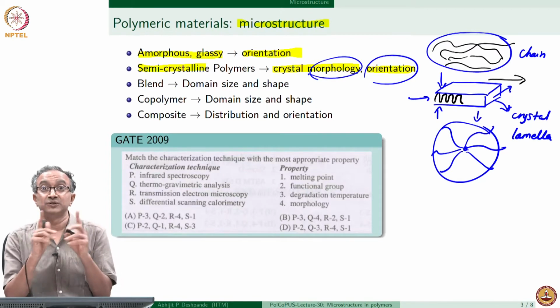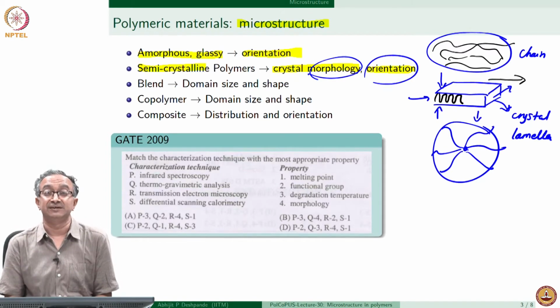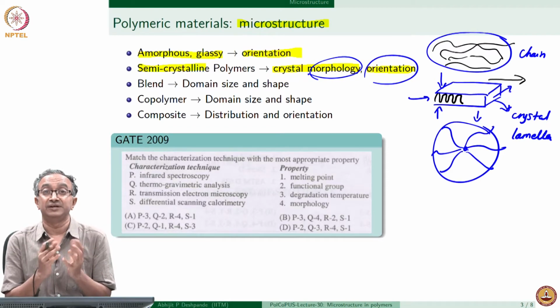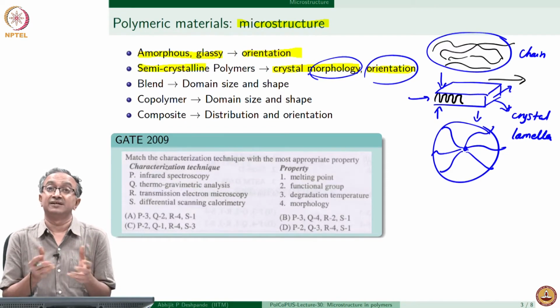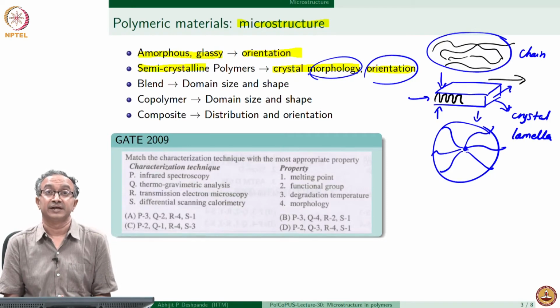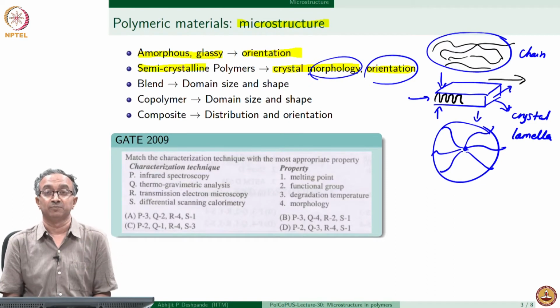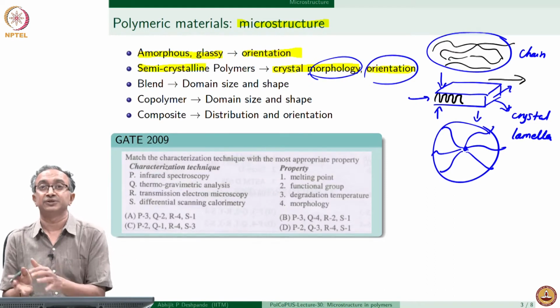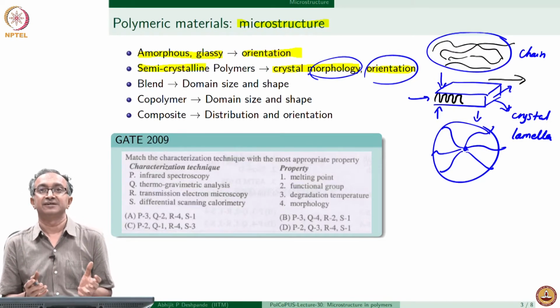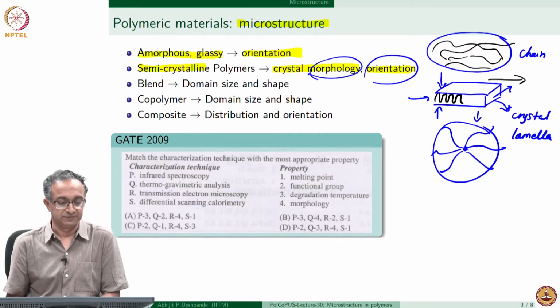And so the spacing also, the lattice dimensions, as we have seen earlier, A, B and C, will be different. And so that again indicates that the crystal is an anisotropic entity, which has consequences both for mechanical properties, diffusion, and all the other performances. So therefore, orientation of these lamella will definitely determine what the overall performance is.